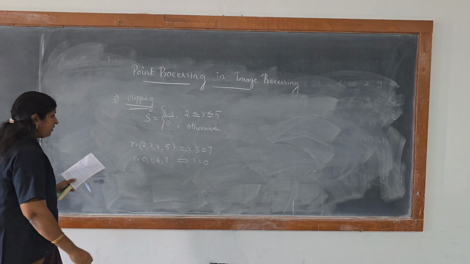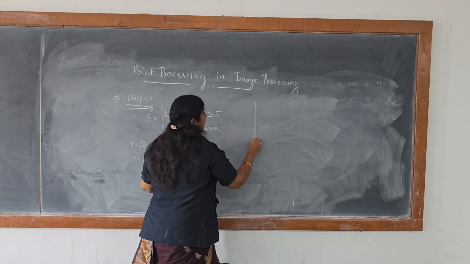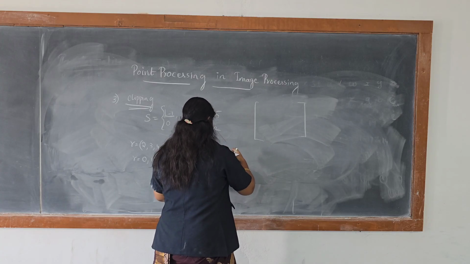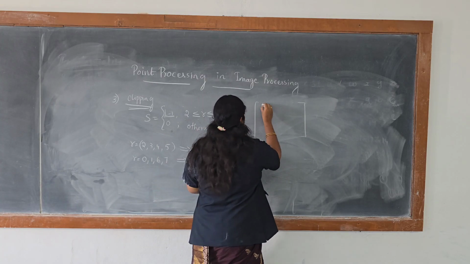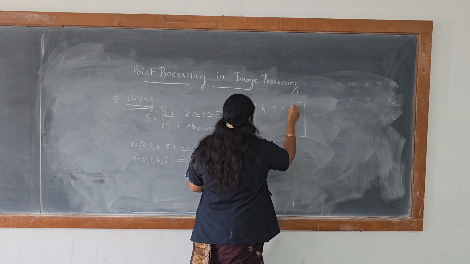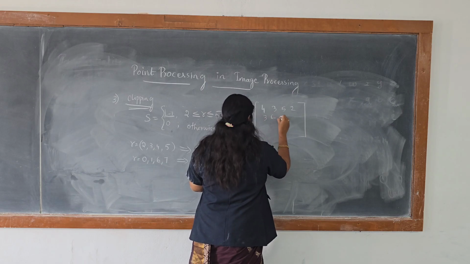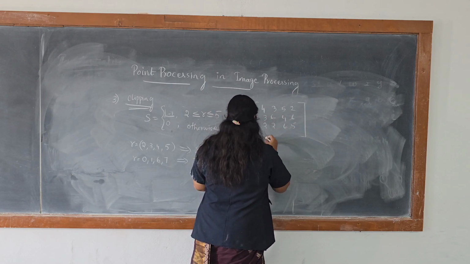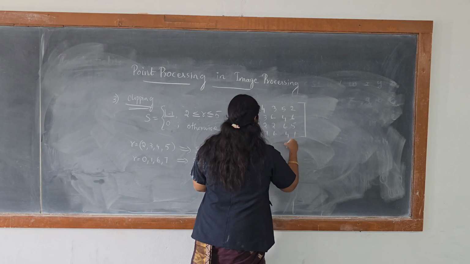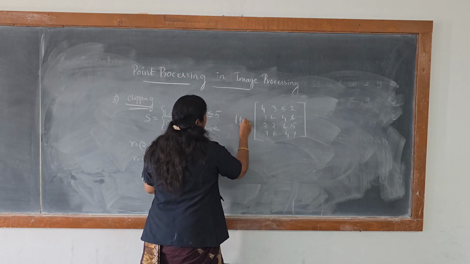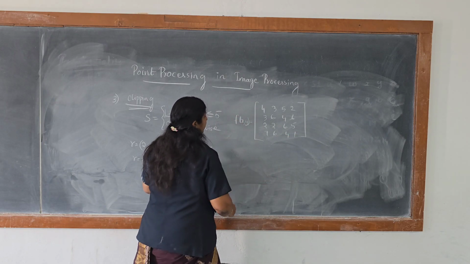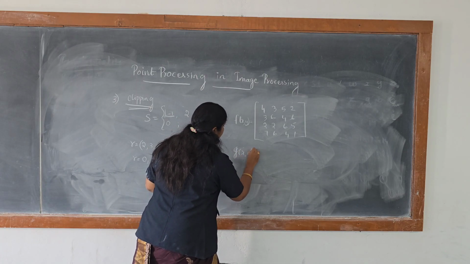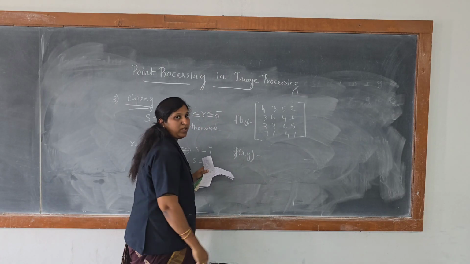Okay, so take the same matrix: 4, 3, 5, 2, 3, 6, 4, 6, 2, 2, 6, 5, and 7, 6, 4, 1. It is the f of x comma y input matrix, and g of x comma y is the modified output image.